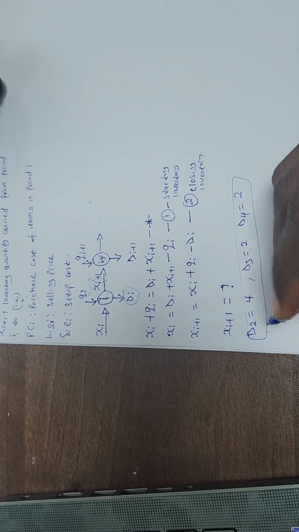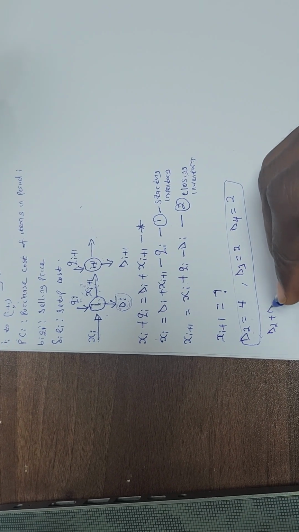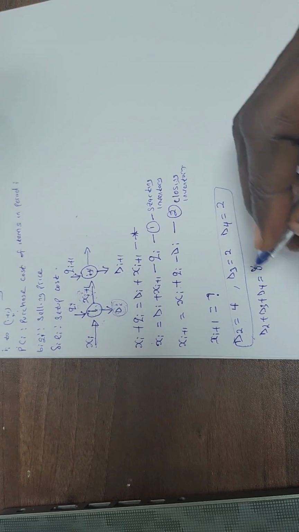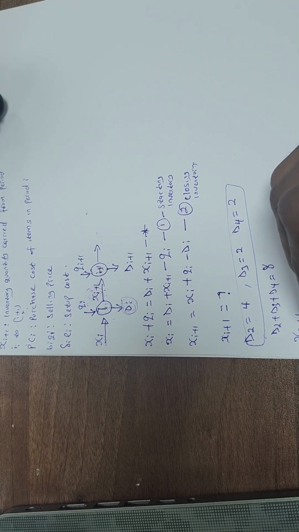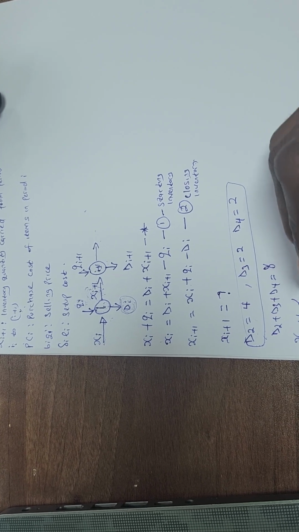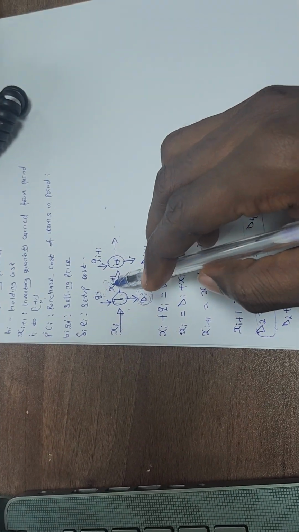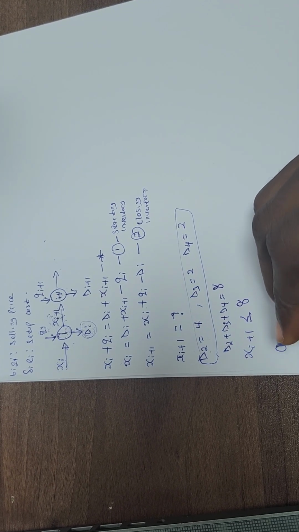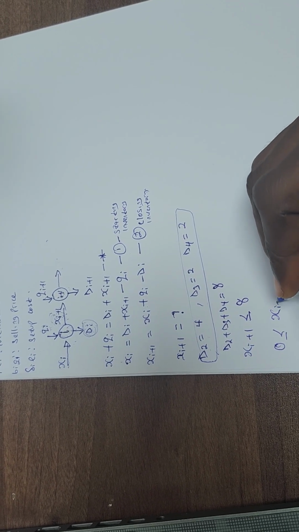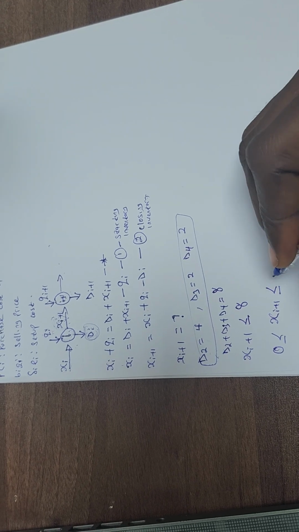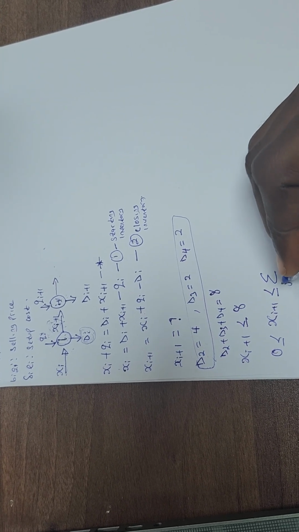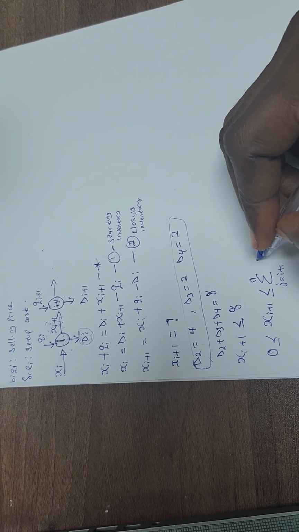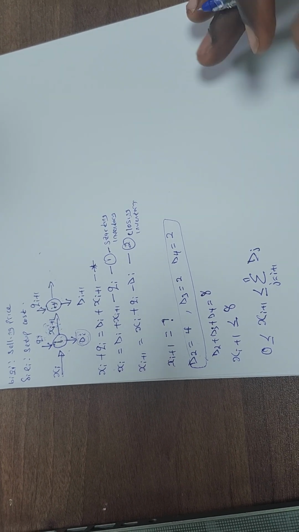If I add D2 plus D3 plus D4, that's 8. So x_{i+1} should be less than or equal to 8. That is represented as 0 ≤ x_{i+1} ≤ the summation of d_j, for j = i+1 to n.